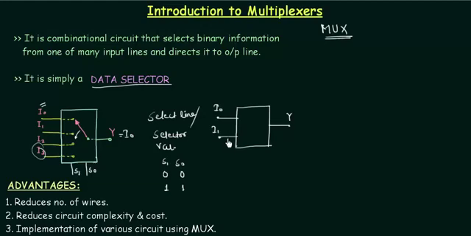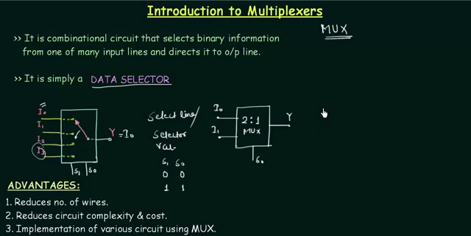Whatever the number of inputs, the number of outputs will always be equal to 1. This multiplexer with 2 inputs and 1 output, we call 2:1 MUX, and there will be a single selector variable S0.